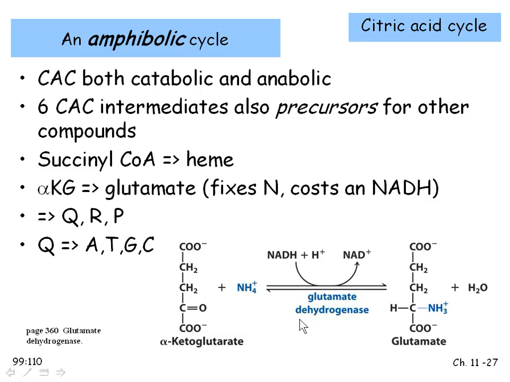Now, this can be thought of as a synthetic reaction. That is, you're making an amino acid. It's unusual for there to be an NADH without the P used for an anabolic reaction. But you notice that this is a reversible arrow, and it's a reaction that can be used to make glutamate or can be used to get rid of amino acids, depending on what your current metabolic need is.